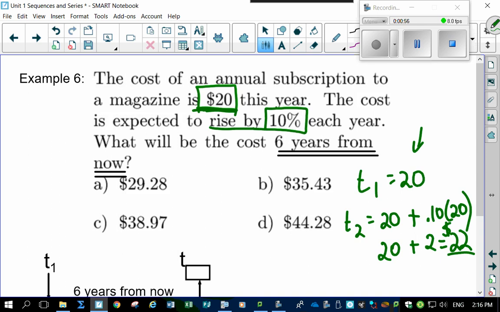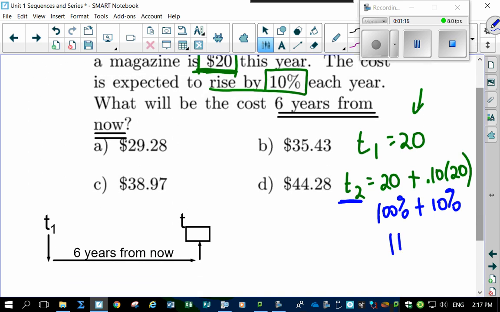But I don't want to look at it in terms of numbers that way. What I want to do is look at it this way. Think about this right here. Term 2 is 100% of the price, that's what $20 is, plus an extra 10%. So you're actually increasing by 110%. Sounds like a hockey player.